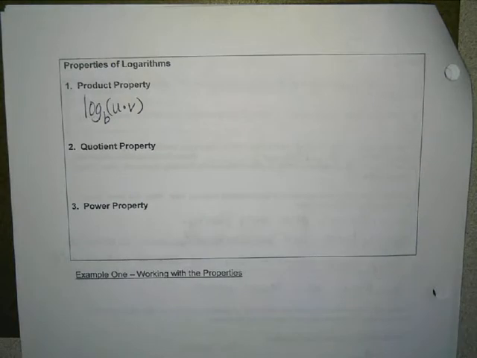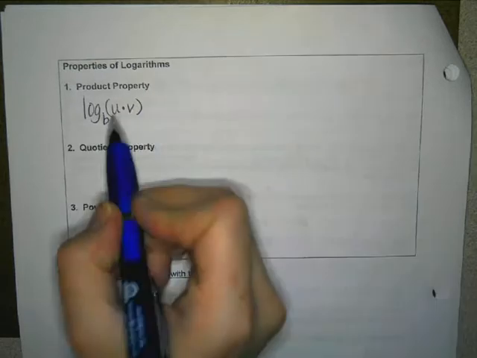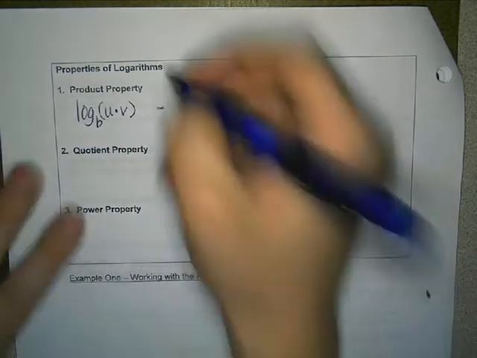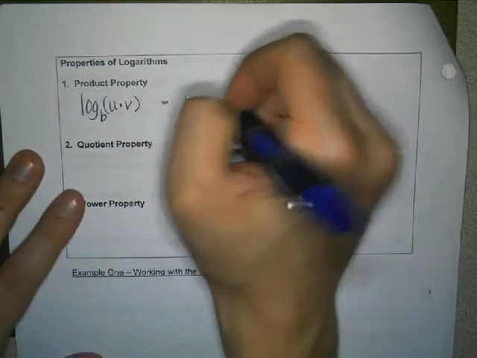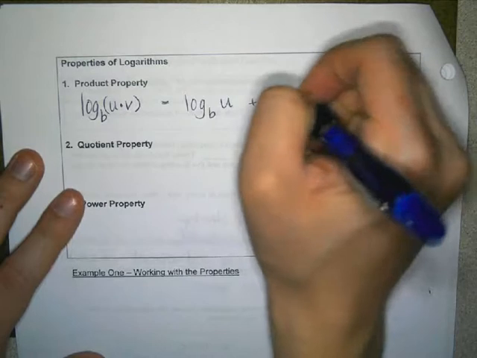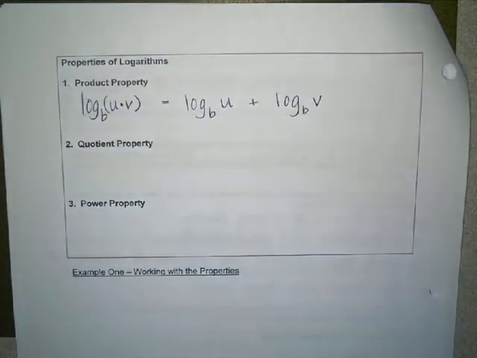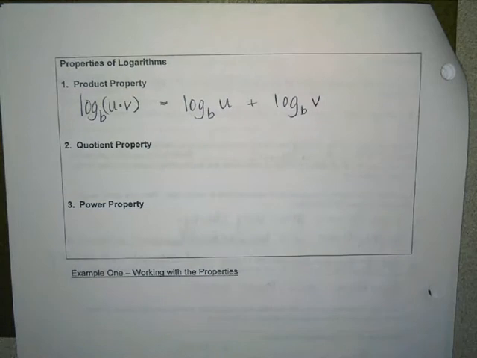So it's log base 2 of whatever. If you have 2 things that are being multiplied, this property allows you to break it apart into 2 different terms. So it says, if I have u times v, I can break it apart into 2 logs, separating out my argument into 2 different logs by adding.